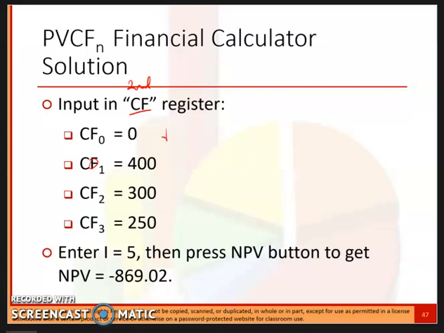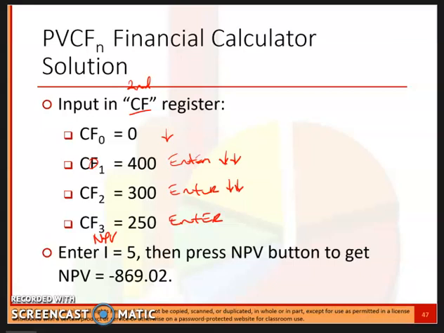So it's down arrow, then enter, and down arrow twice, then enter, and down arrow twice, and then you hit enter. Then you hit the NPV key, and you're going to press 5 and enter.